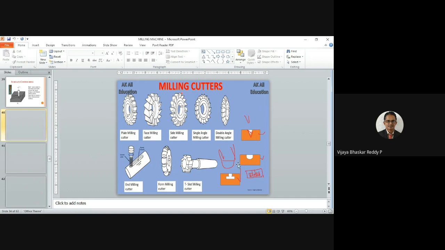So these are the special tools: end milling cutter, form milling cutter, and T slot milling cutters that we can use to obtain T slots. These are the different milling cutters used in milling machines.